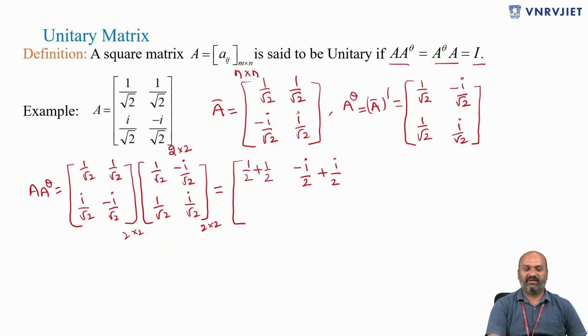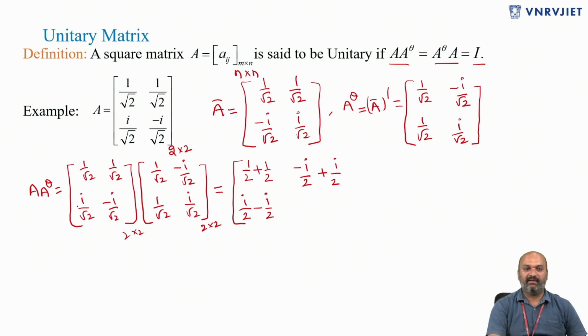Similarly, the second row, first column element: I by root 2 into 1 by root 2, which is I by 2, and minus I by root 2 into 1 by root 2, which is minus I by 2.